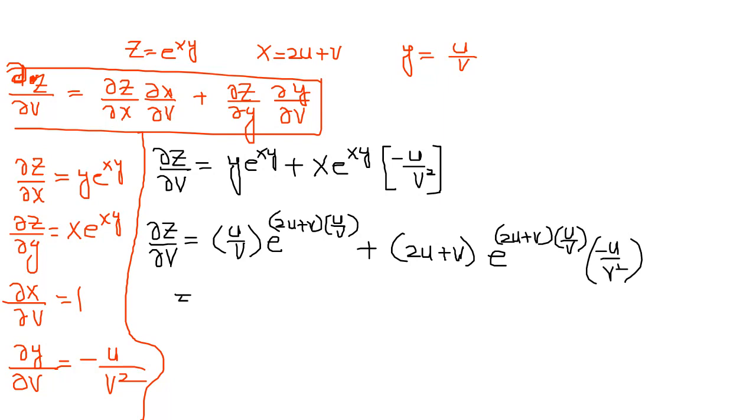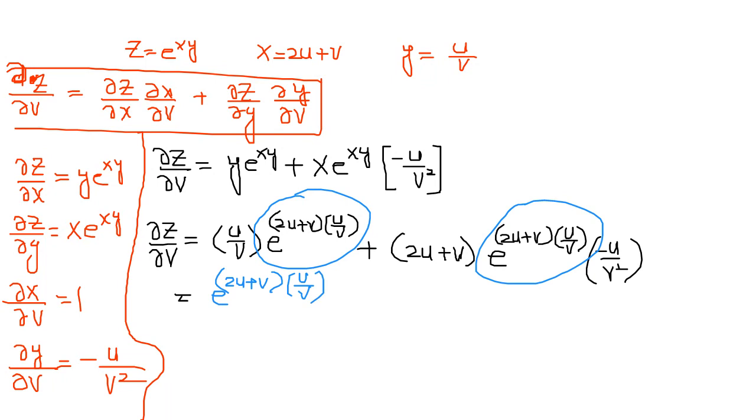The same value is in both terms, so you can write e power (2u plus v) into u divided by v. So what is left? u divided by v plus (2u plus v) multiplied by minus u divided by v square. Simplify this one.